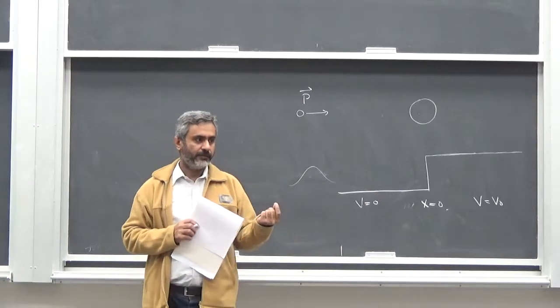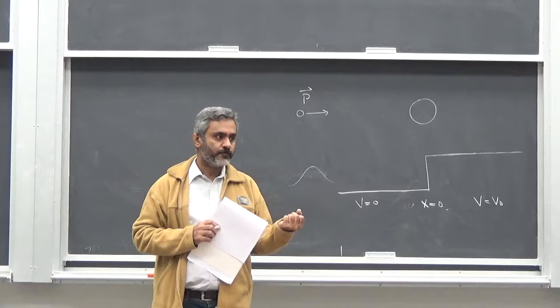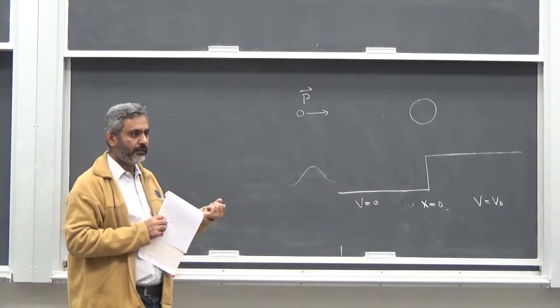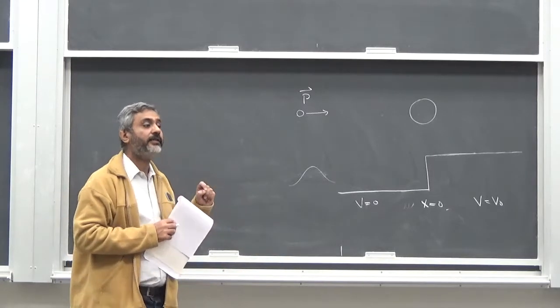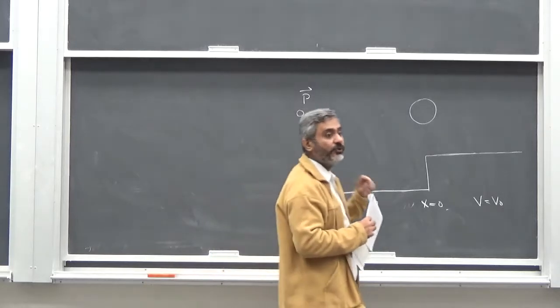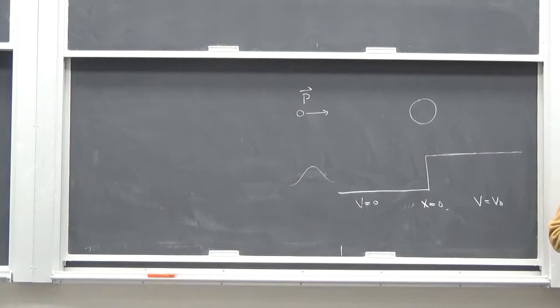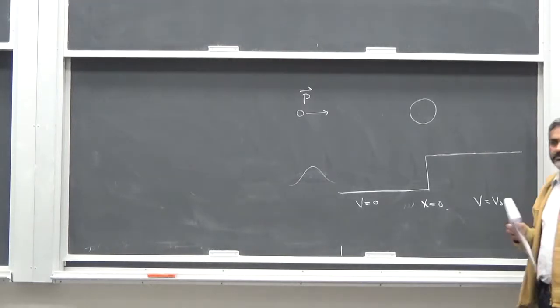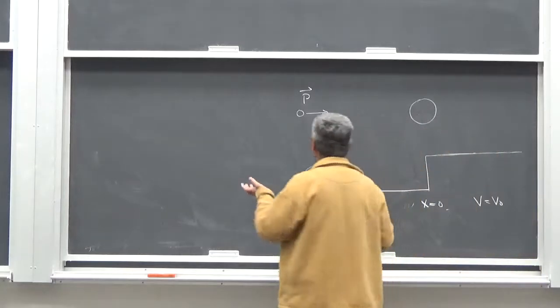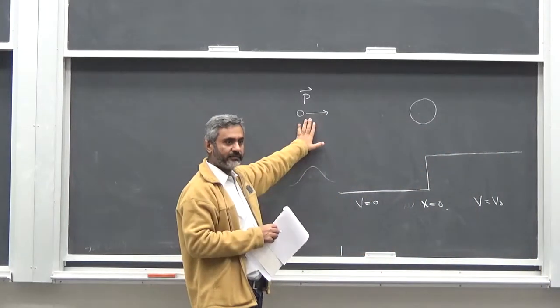But if we know the position certainly, then the momentum is completely undefined. And so we don't know what is happening. We can't have a picture like this.